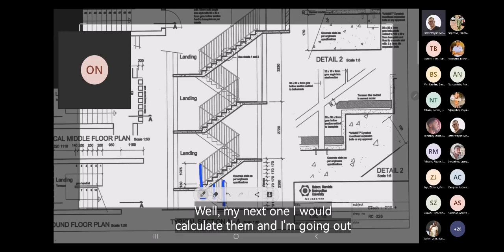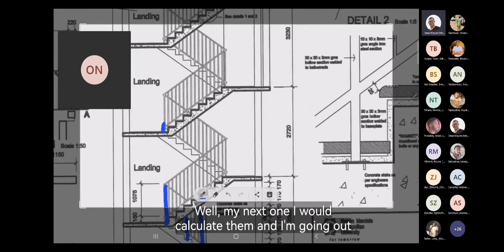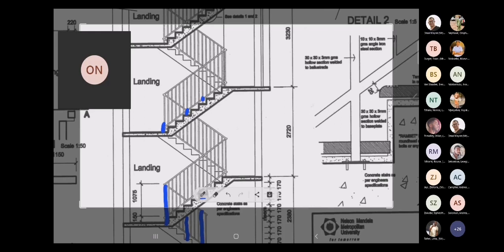For my next one, I would calculate them and I'd say it's 1, 2, 3, 4. There's 4 of them, times that by length of 1.29, and I have 4 flights.